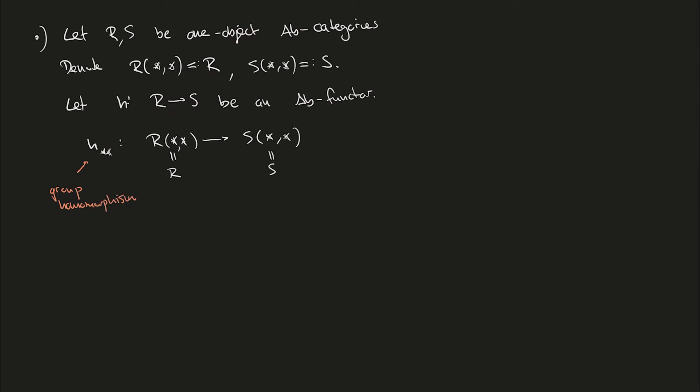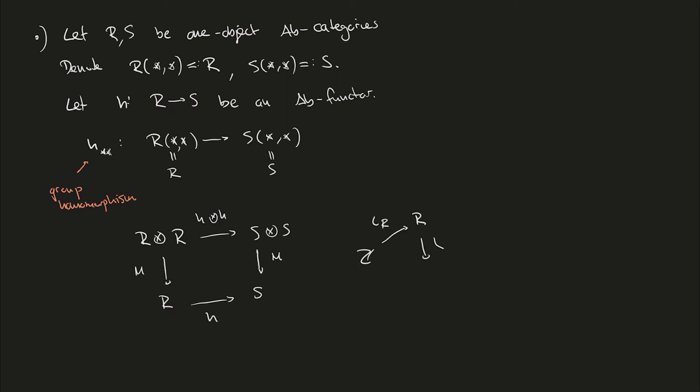Next, because H is an Ab-functor, we know that it satisfies the commutativity conditions from the definition. So these become the following diagrams. We can now chase elements around these commuting diagrams to see what the conditions turn into.